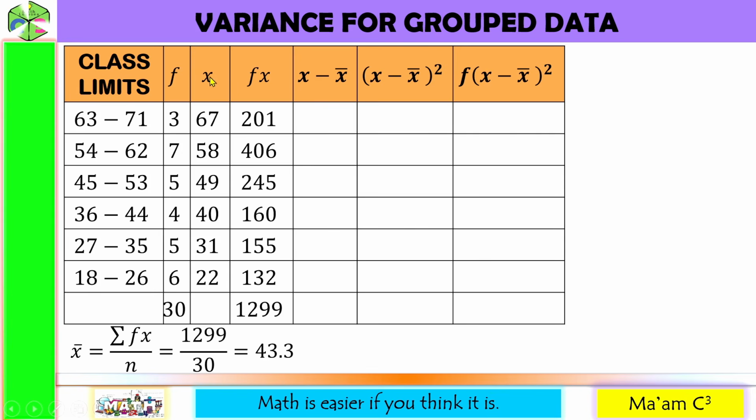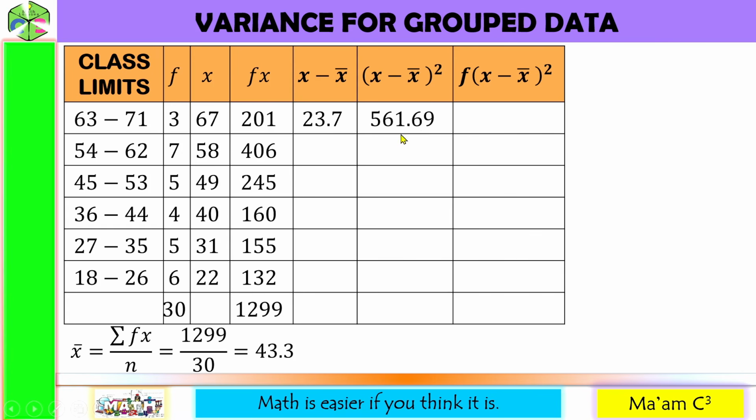Our x from this column, 67, minus the x bar is 43.3. So 67 minus 43.3 is 23.7. Whatever is our answer in this column, we simply have to square for this column. 23.7 squared will give us 561.69.